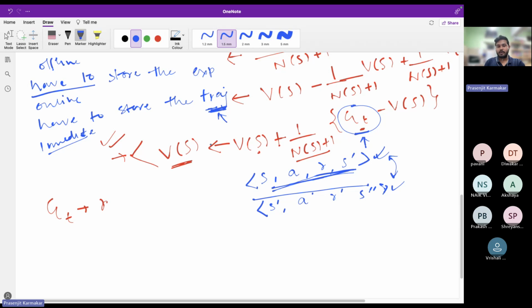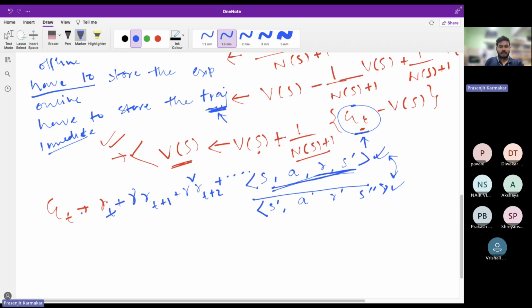Let's just write the equation part. So G_t is equal to R_t plus gamma R_{t+1} plus gamma square R_{t+2} plus dot dot till the end.